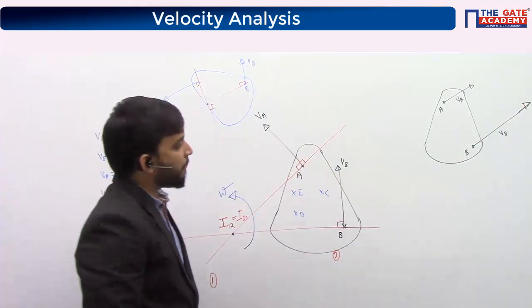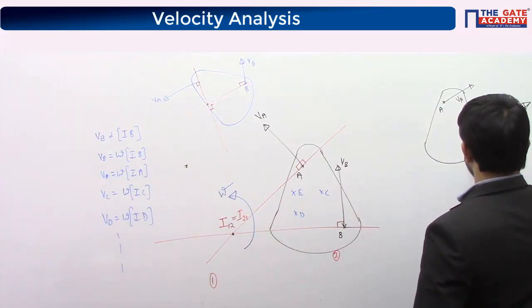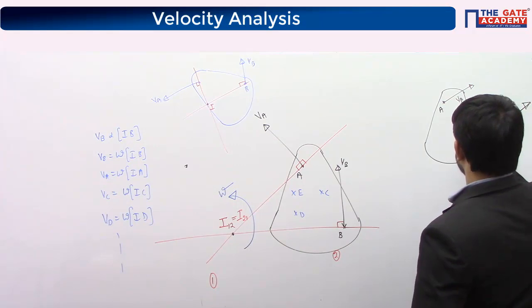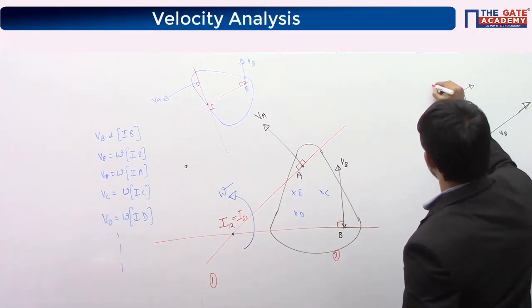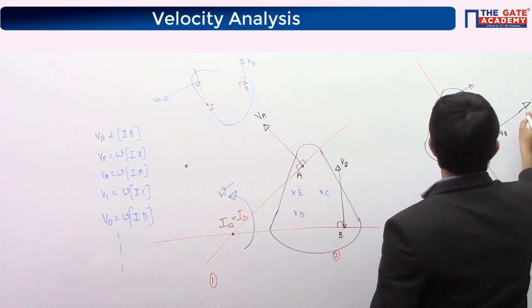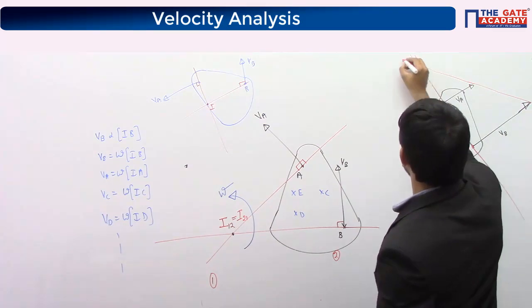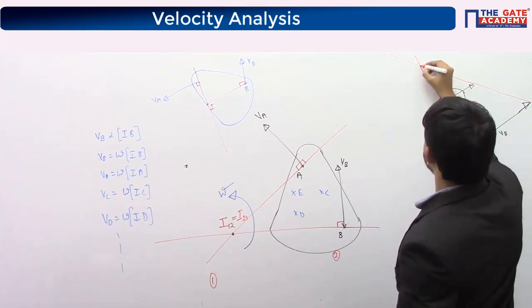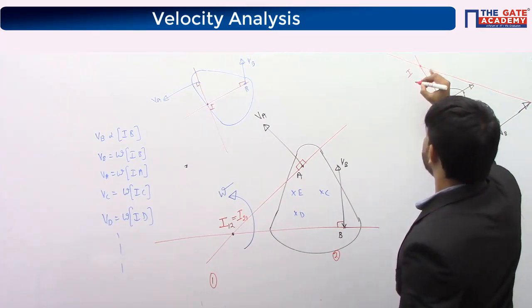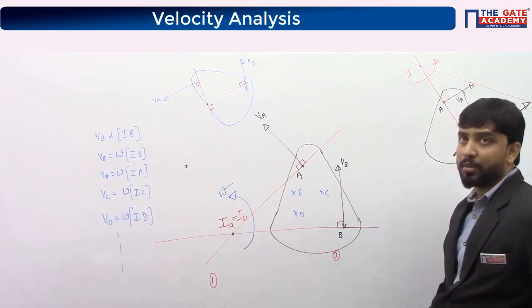So whenever 2 velocity vectors are parallel, you draw a line passing through the tail of the vectors. And similarly, you draw a line passing through the head of the vectors. Wherever the 2 lines meet, that is the instantaneous center of rotation.